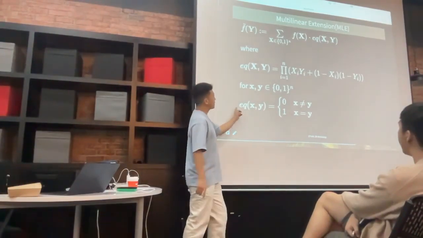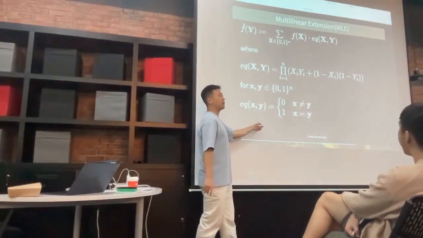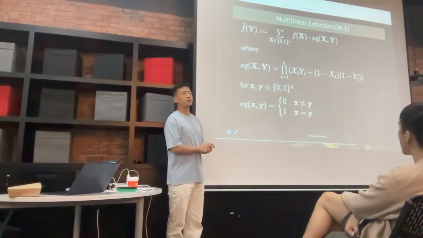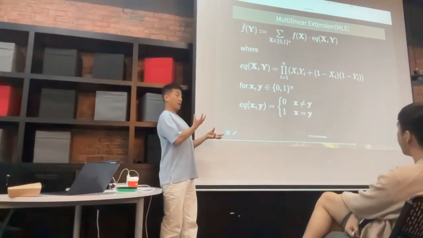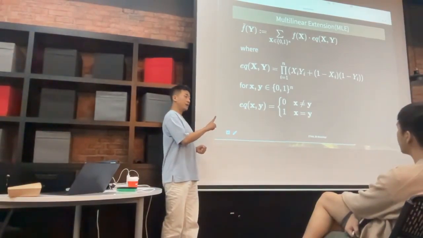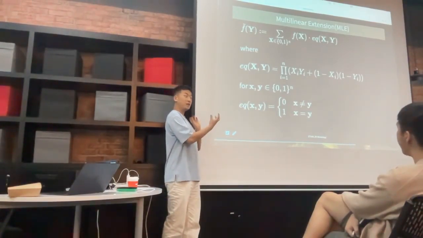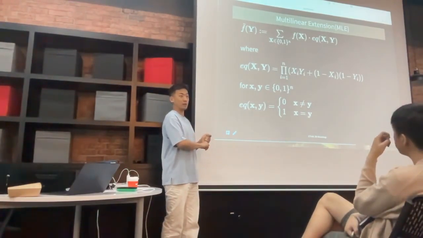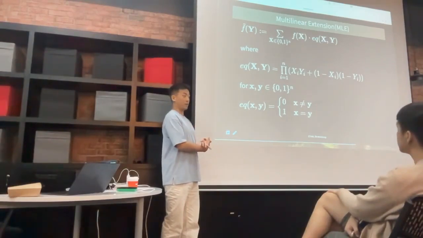This is how we design this special polynomial. EQ is a unique multilinear polynomial, so we have only one EQ polynomial for a given Boolean hypercube.